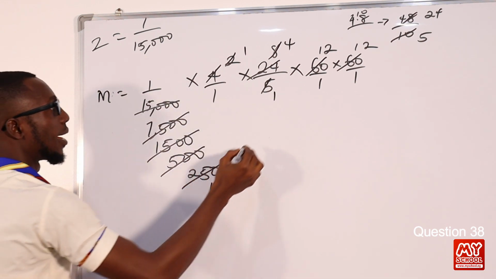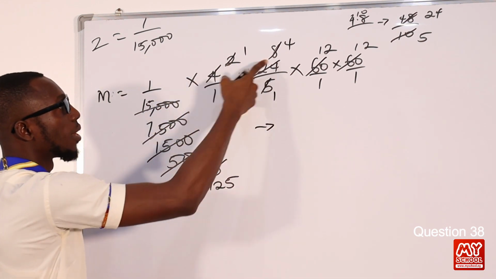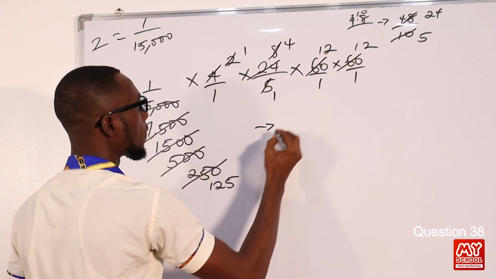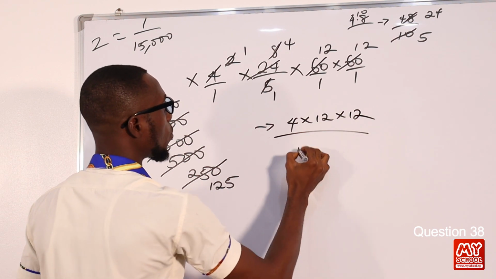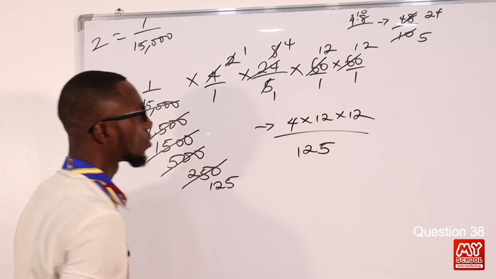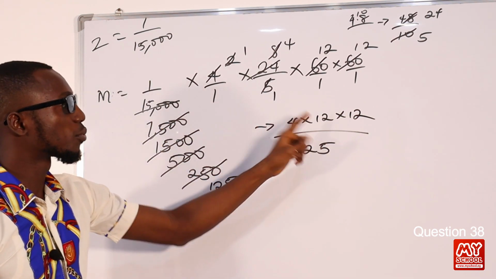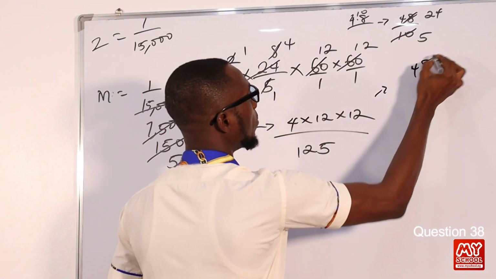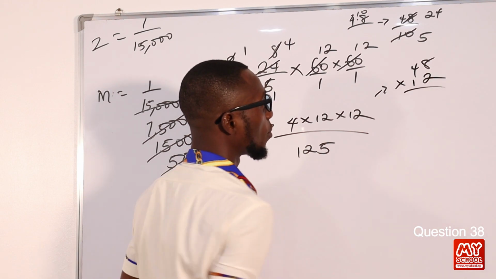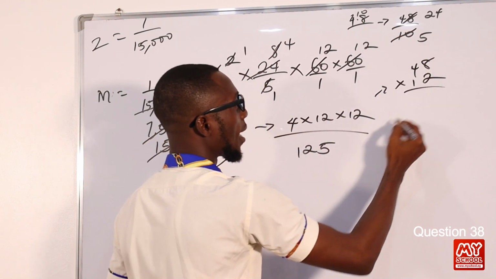So basically for the numerator, we have 4 times 12 times 12 over 125. So let's multiply. 4 times 12, we have 48. 48 times 12. Remember, as much as possible, we are going to do away with calculators. 2 times 8, we have 16.